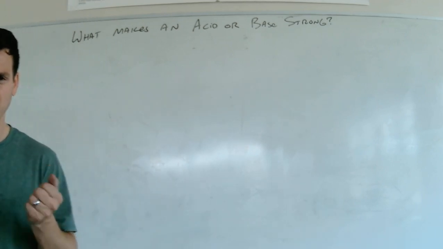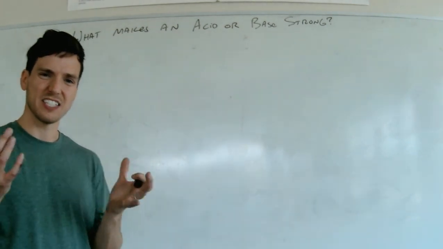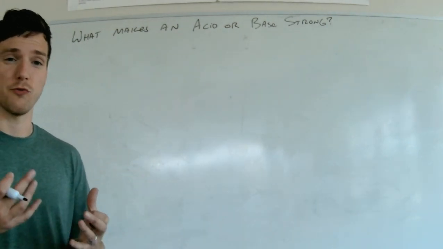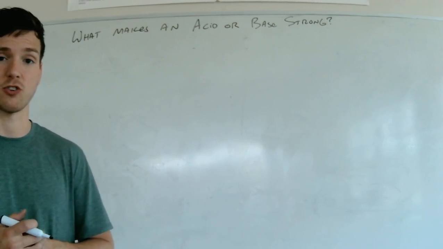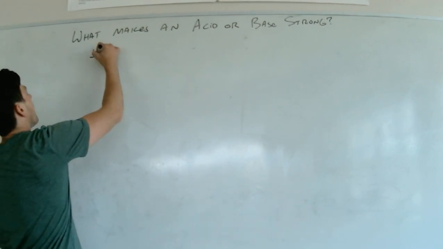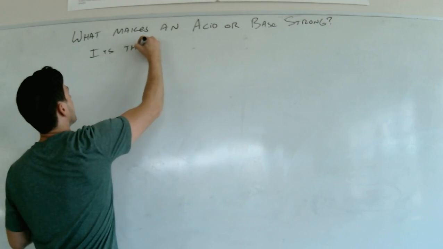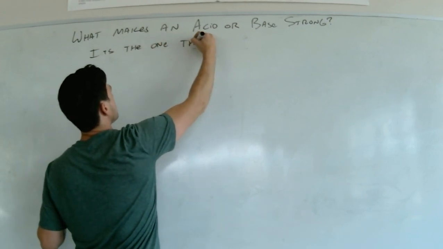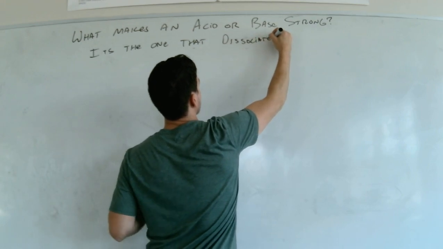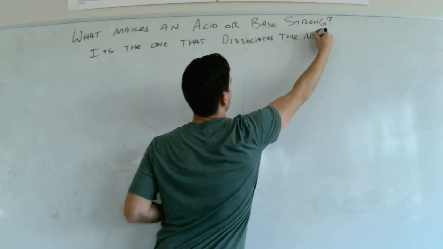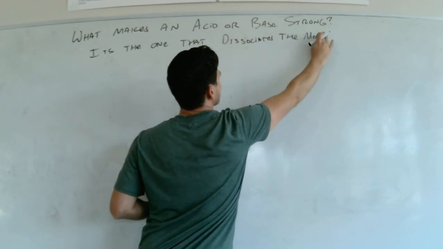But how does an acid get to the point where it can dissolve things so very, very well? Well, the answer to this question as to what makes a strong acid or base is the one that dissociates the most.